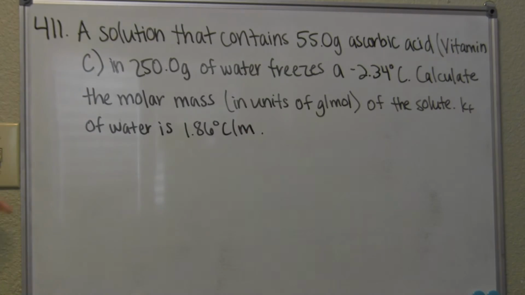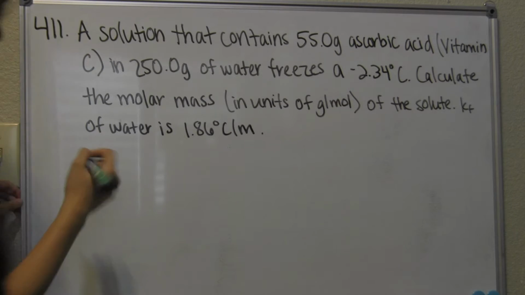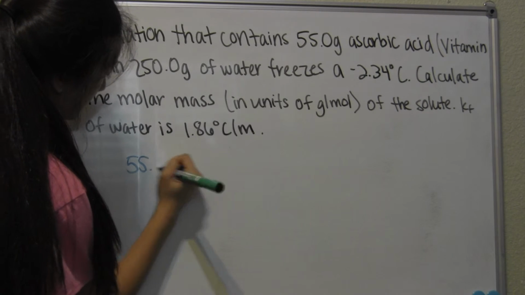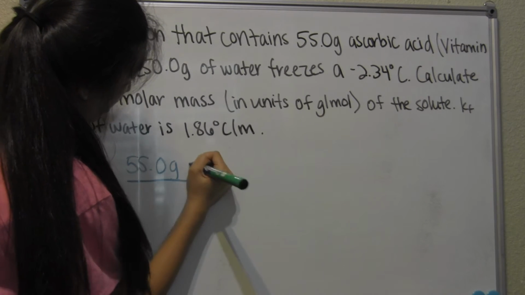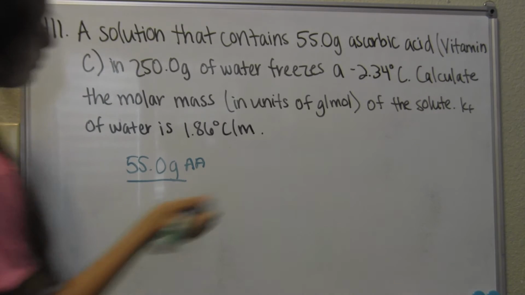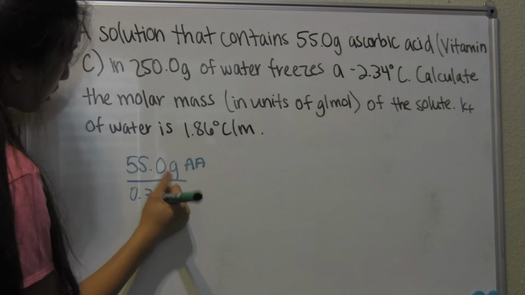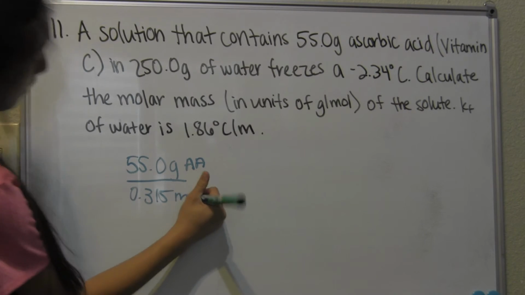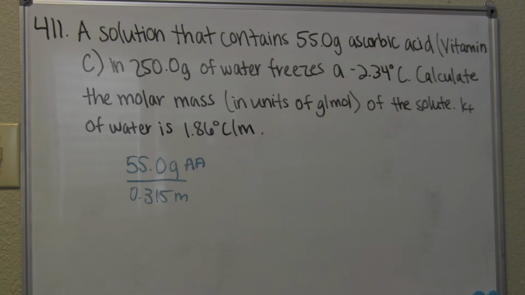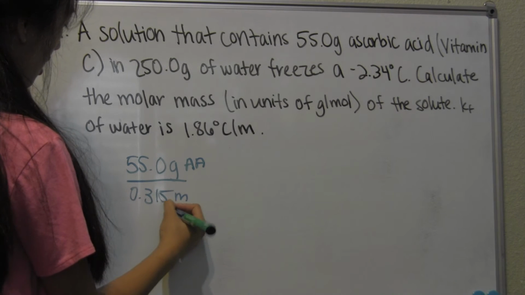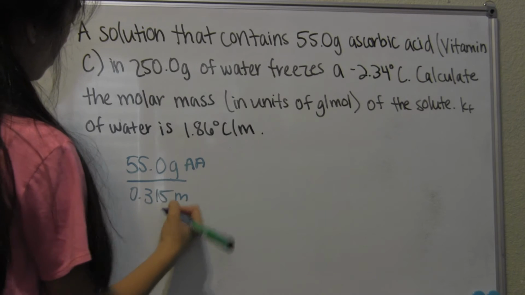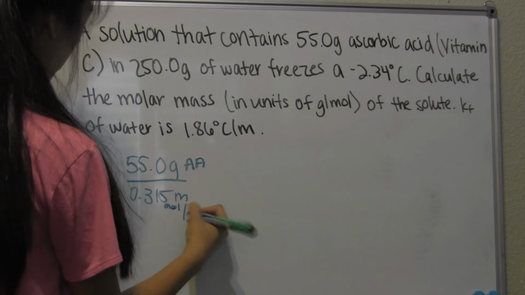From here, since we're trying to find the molar mass and not the molality, what we do is take the 55 grams of ascorbic acid, I'm just going to put AA, and we divide that by the 0.315 molal, which is basically the moles over kilograms.